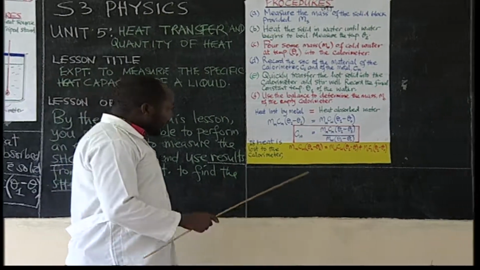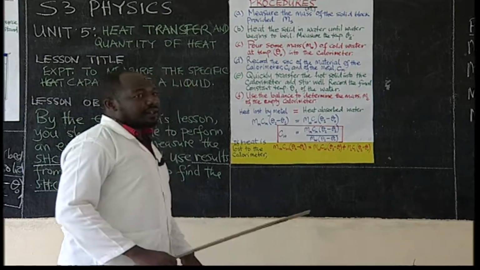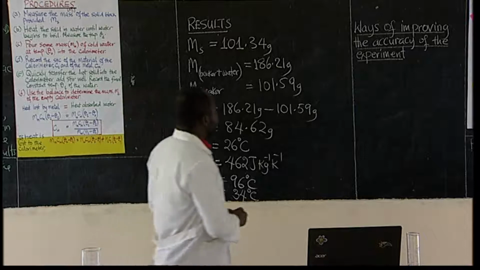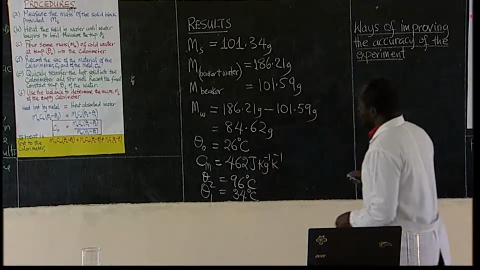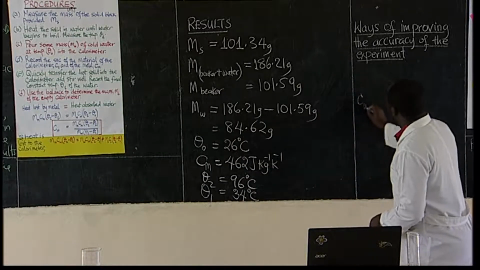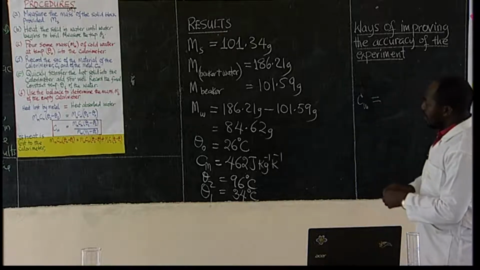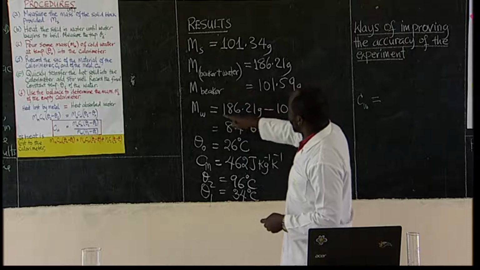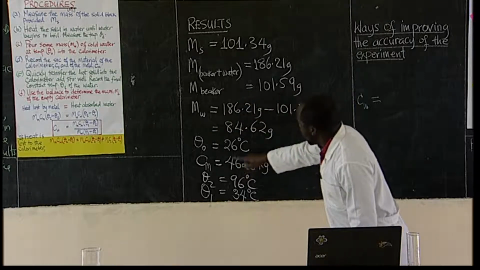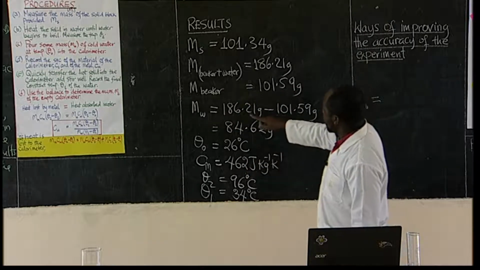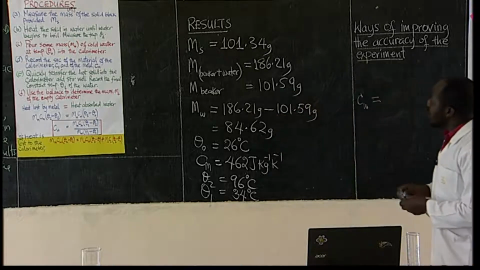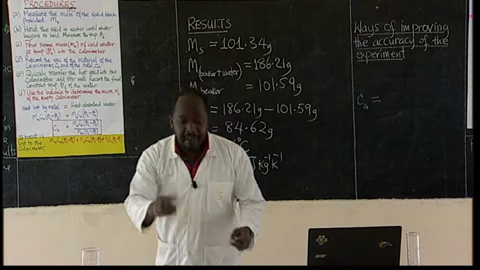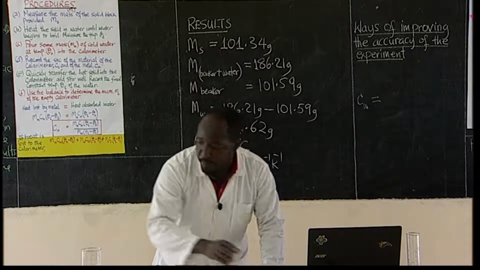And so let us then feed in these values and see whether we can get a specific capacity of water. So CW is equal to mm. Remember, mm is mass of the metal. Did you find mass of the metal anywhere? Oh, we didn't do that. So we have to go back and find mass of the metal, which is still okay.